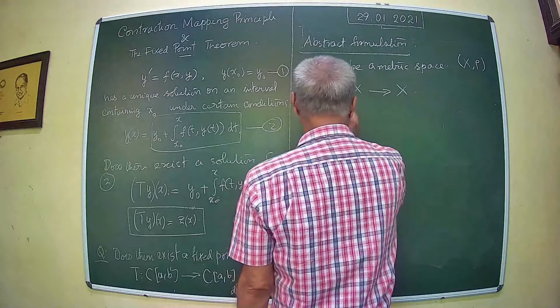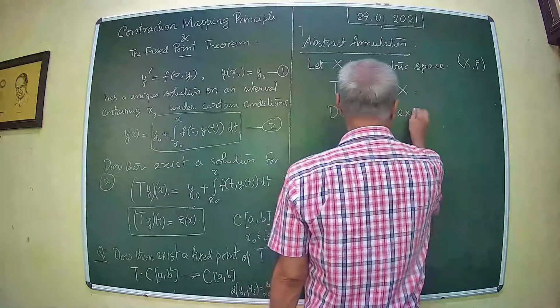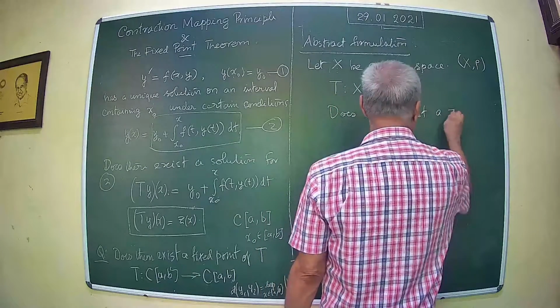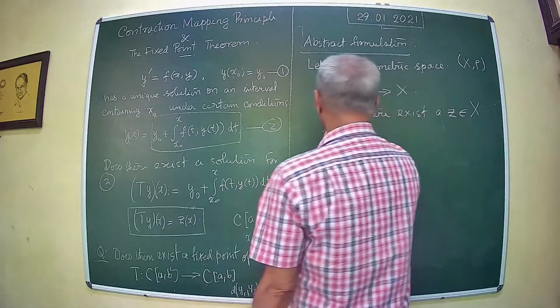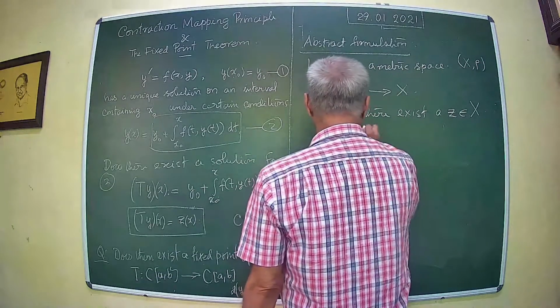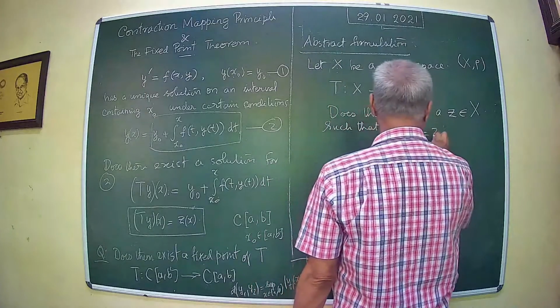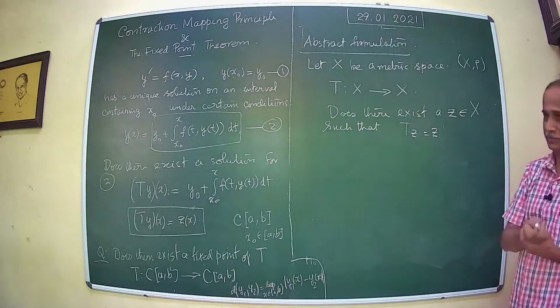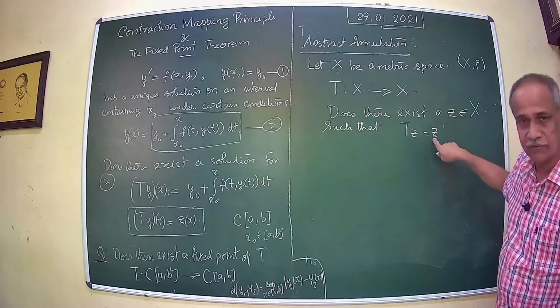Does there exist a Z belonging to X such that T(Z) = Z? That's about the existence part. That means the point Z is back to itself.